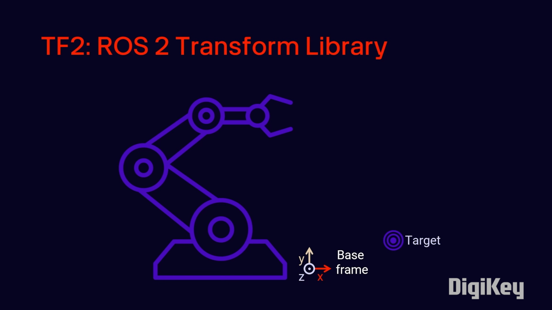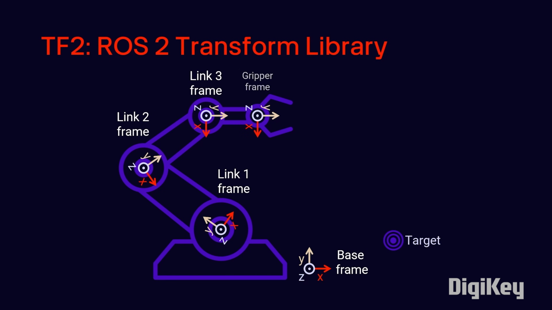But then you need to figure out how much to move each joint by to get the gripper to the target. As you can imagine, the math for this gets very tricky very quickly. This is where the TF2 library can save us a lot of headaches. It will handle much of this transformation for us, so we can worry about making servo adjustments relative to each frame rather than calculating them based on the absolute or base frame.